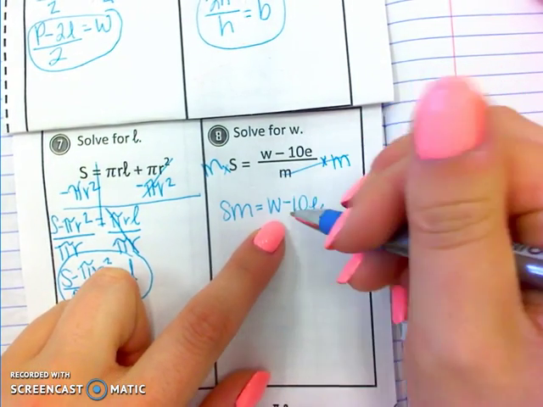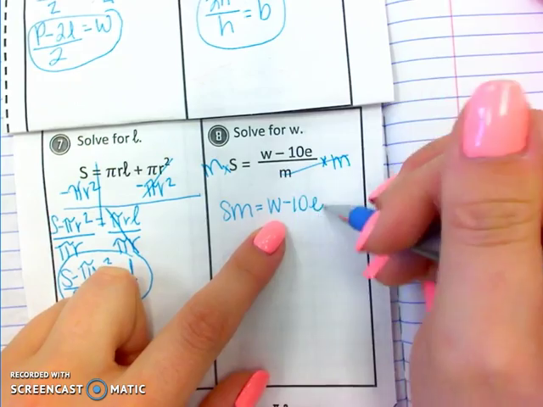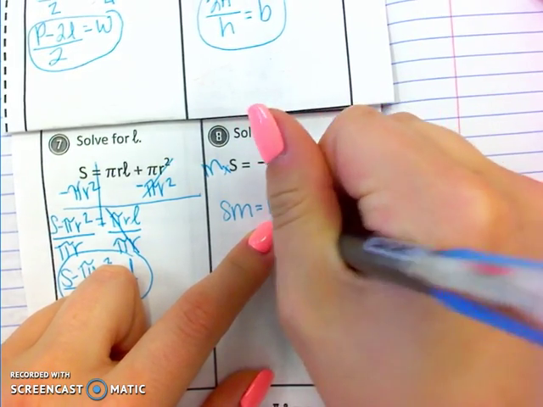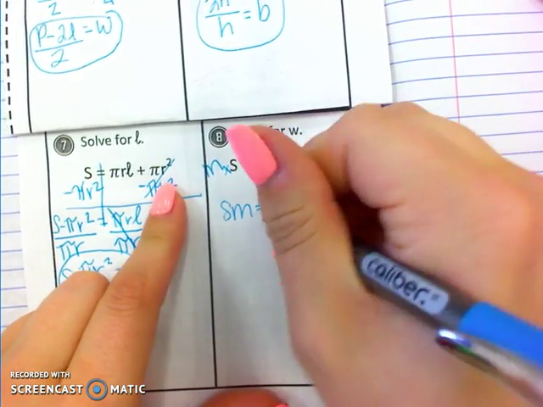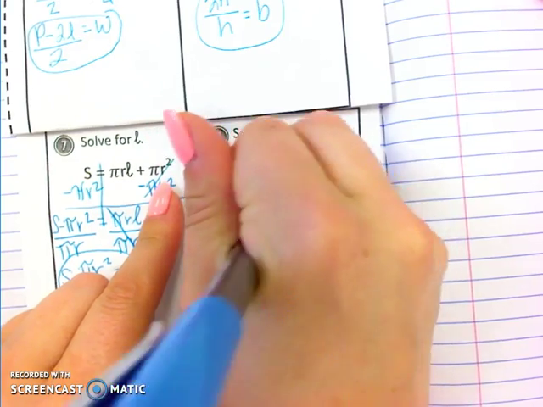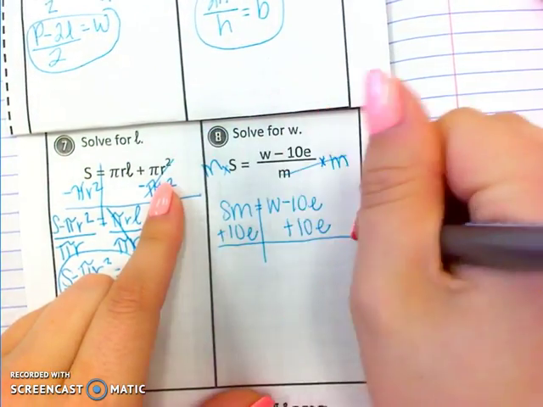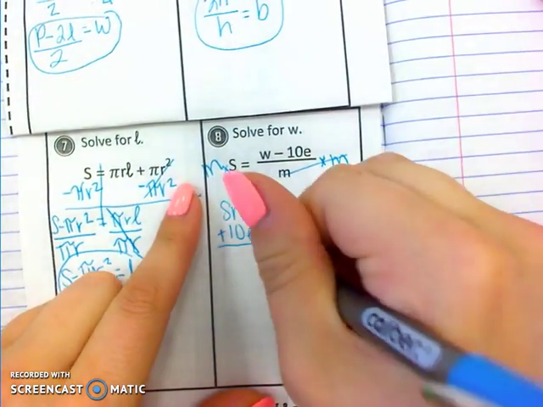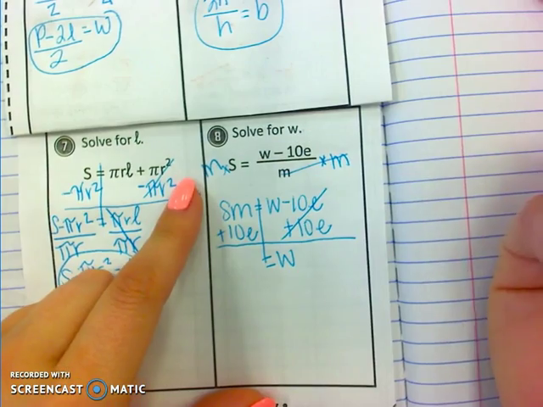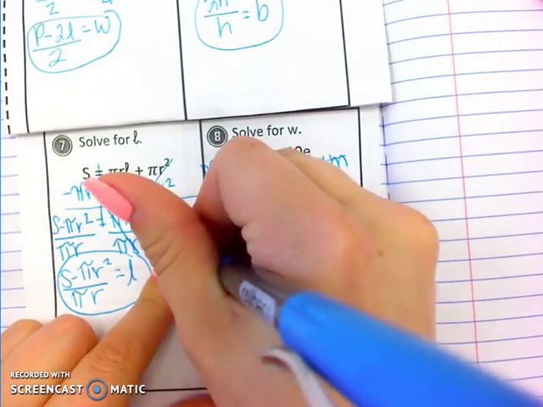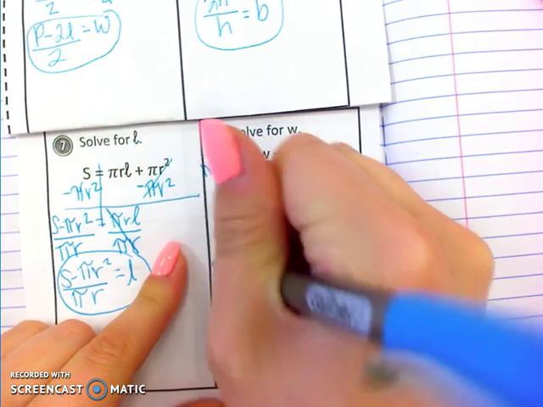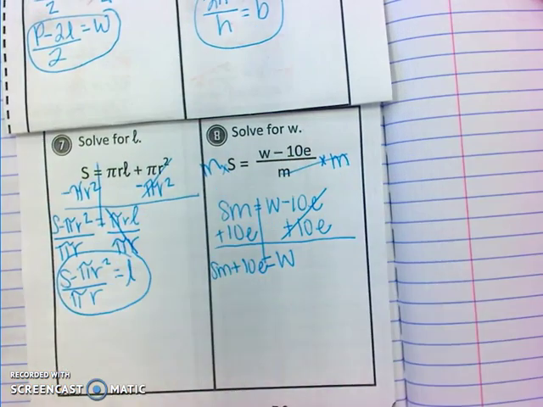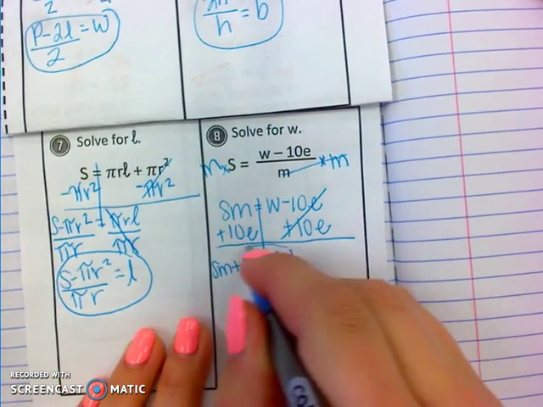Now, to solve for w, I'm having to get rid of this minus 10e, so I'm just going to add 10e to both sides of the equation. So I'm left with w, which is exactly what I wanted, and I have sm plus 10e. And that's your final answer.